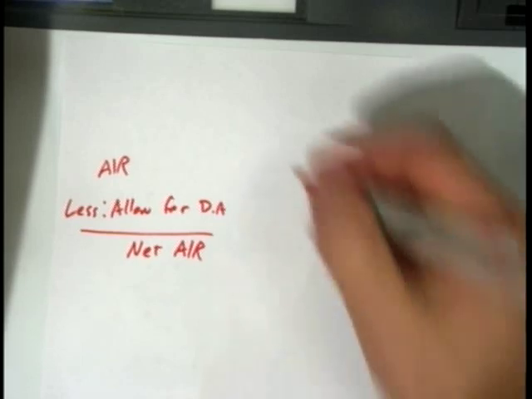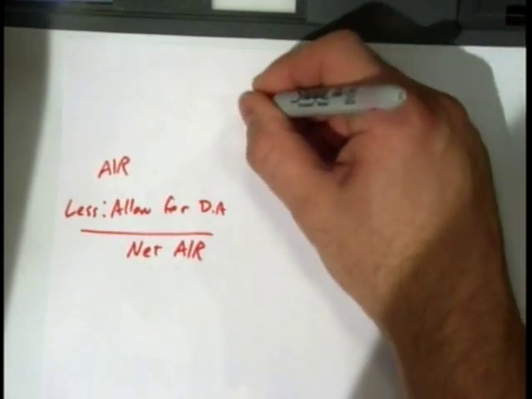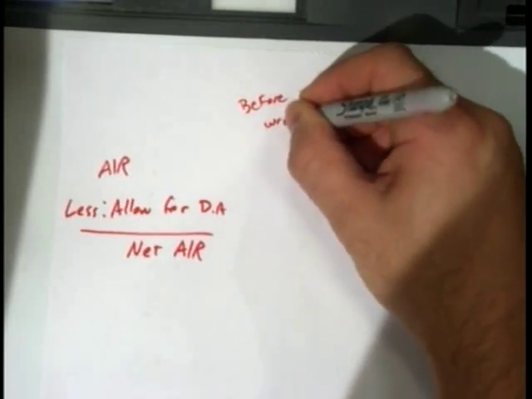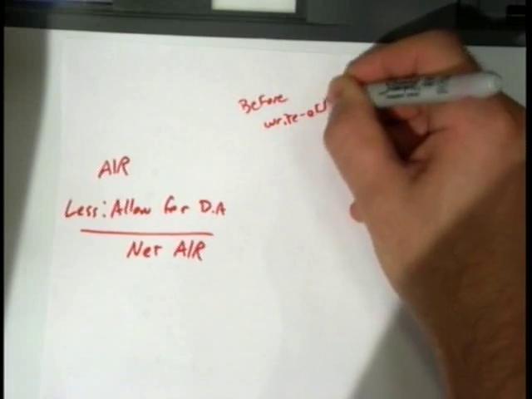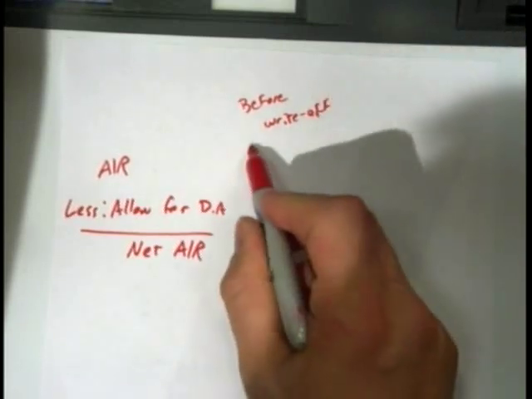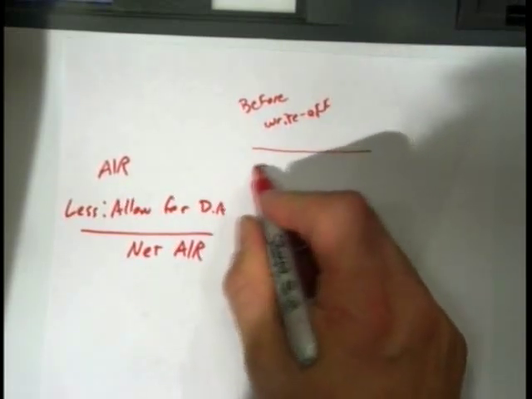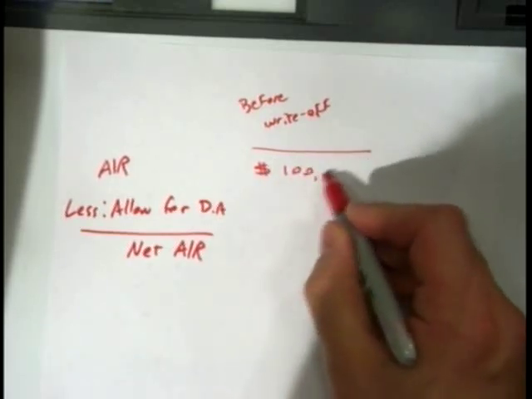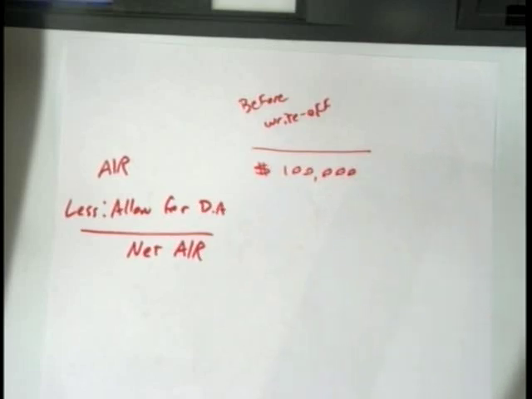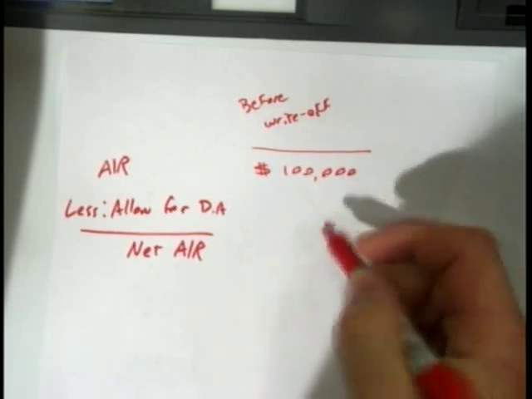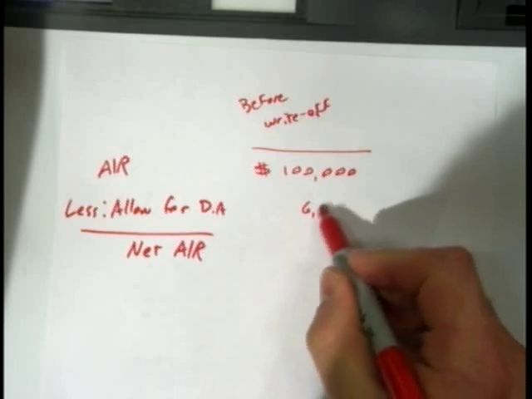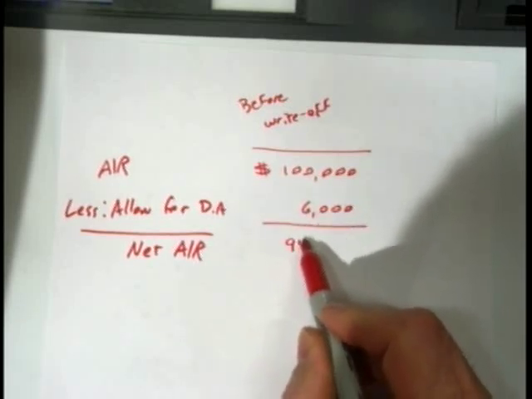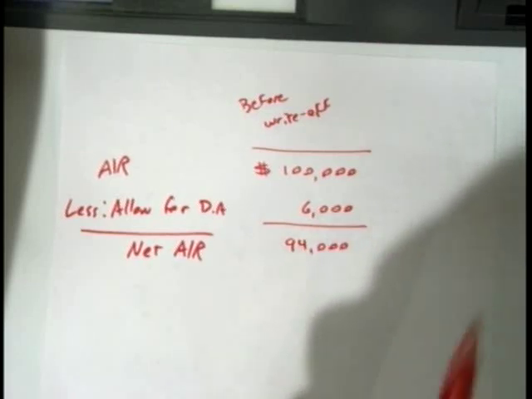Well, let's say before the write-off of that account, our accounts receivable was $100,000, and let's say our allowance for doubtful accounts was $6,000. And so our net AR before the write-off was $94,000. Does that make sense?